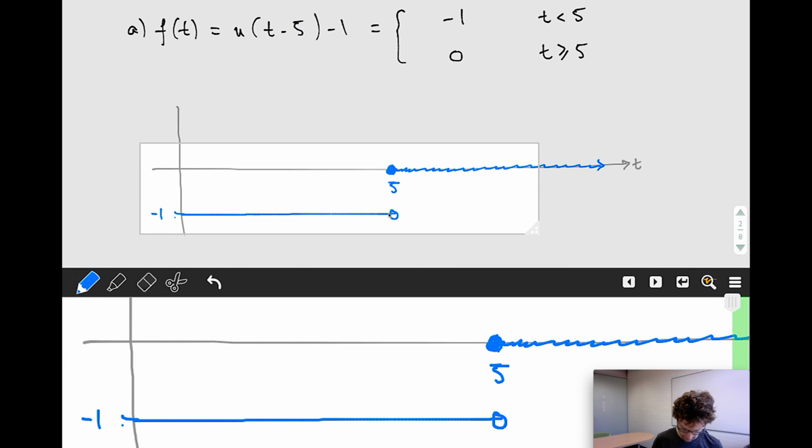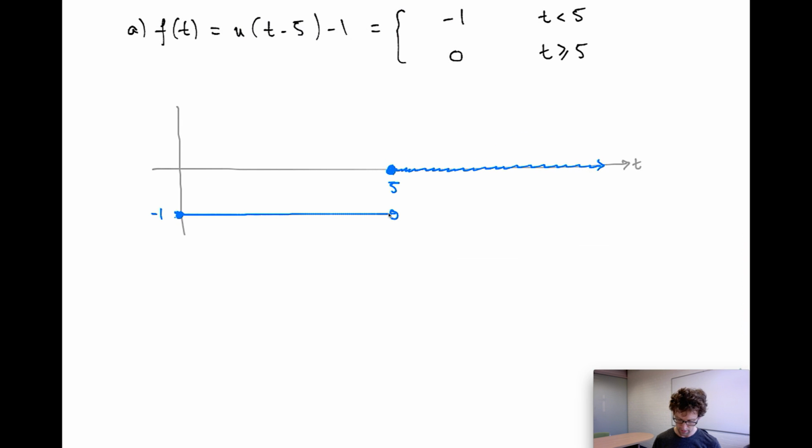We should also probably fill in the value at t is equal to 0, because we're looking at values of t greater than or equal to 0. So that's what our function looks like, and you notice that it looks very much like a Heaviside function, except that it's been shifted down by 1, which is exactly what this minus 1 is doing.